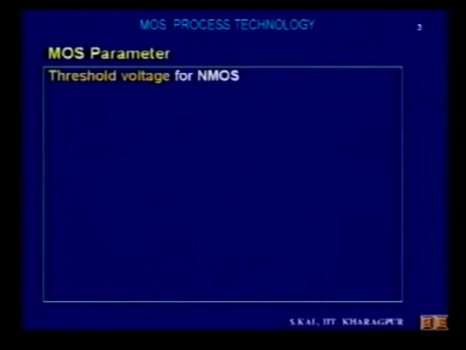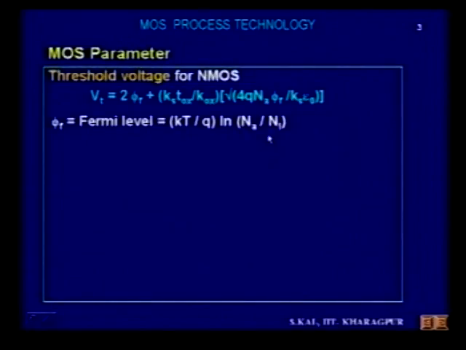Now, the threshold voltage for NMOS is given by this relation: Vt is equal to 2 phi f plus Ks T ox divided by K ox into the square root of 4 q Na phi f by Ks epsilon naught, where phi f is the Fermi level, which is given by kT by q ln(Na by Ni), where k is the Boltzmann constant, T is the temperature, q is the electronic charge, Na is the acceptor concentration, that is the P region, which is the substrate.